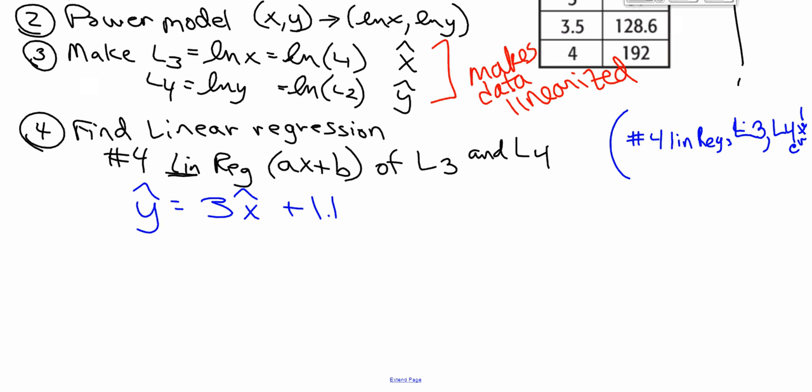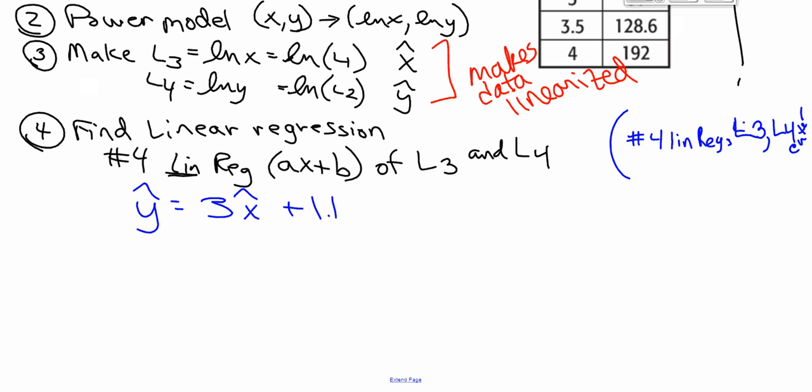Then that should have been linearized, and it looked like a line. Then we did the linear regression. Taylor, yours had an R value. What was the R value? So 0.99999 is the R value. That means it's very, very good, right?